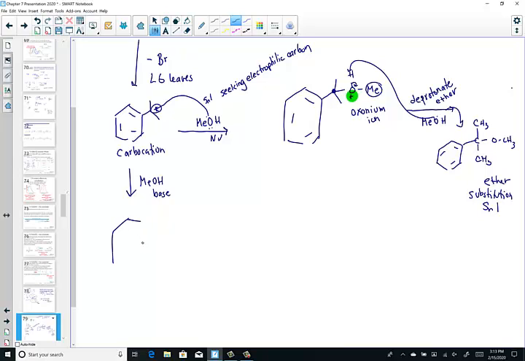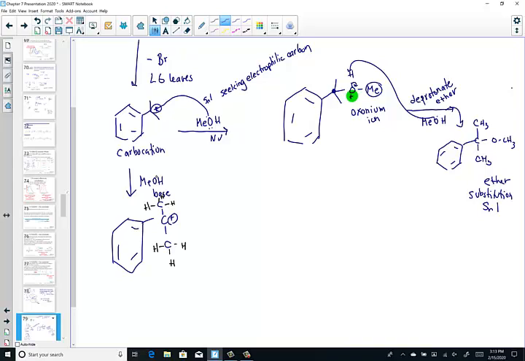So here's our benzene ring. Here's the carbocation. Notice here, there are two equivalent beta hydrogen positions. These are both the same in terms of positions. Those are six equally lovely beta protons. They are not different from each other.